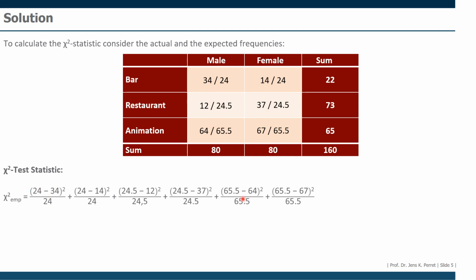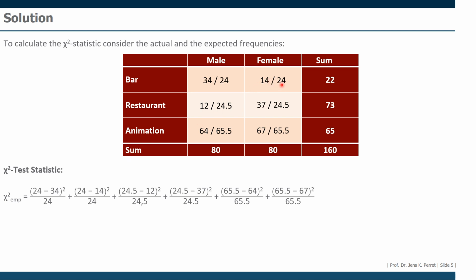Here I'm just going to write this down in one line so that it can also fit on the same slide as this overview. Taking the first one, males and bar, I have the expected frequency and I'm going to subtract the actual frequency. The result is then squared and divided by the expected frequency. Then I'm going to do this for all the other ones as well.